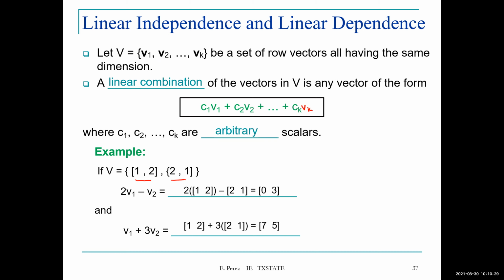We proceed with the same two vectors and apply the other combination, B1 plus 3 times B2. We obtain a new vector (7, 5). So we have a set of vectors and a linear combination of vectors. In this case, this is the linear combination (0, 3), and this is another linear combination because we have different scalars. In the first case, the scalars are 2 and minus 1. In this case, the scalars are 1 and positive 3.